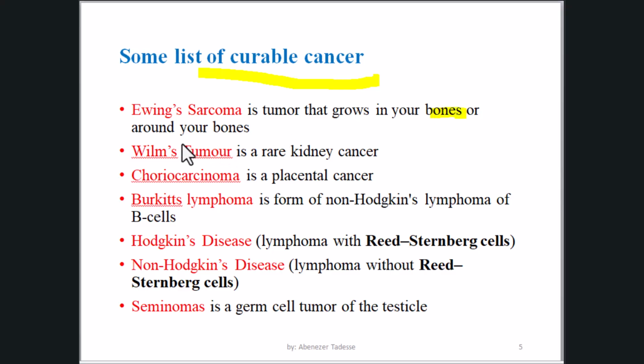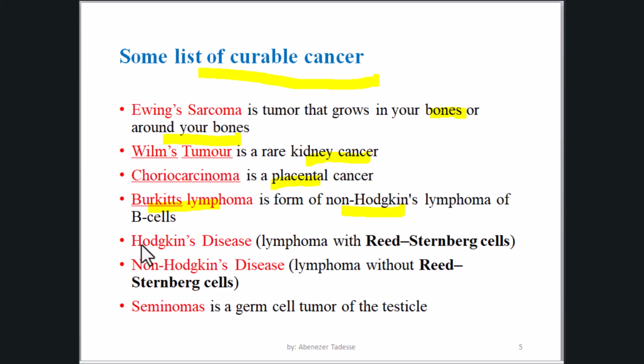as around bone, the Wilms tumor in the kidney tissues, or choriocarcinoma, especially the placental one, and Burkitt's lymphoma that includes the non-Hodgkin lymphoma, that means without Reed-Sternberg cells.